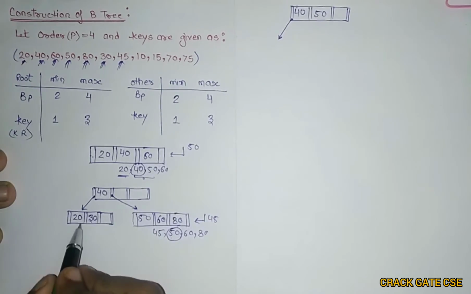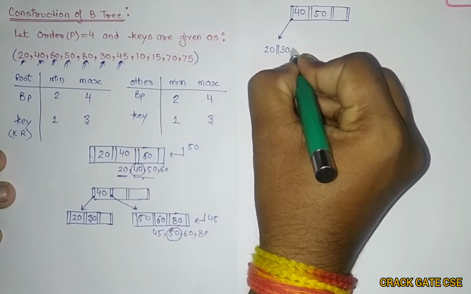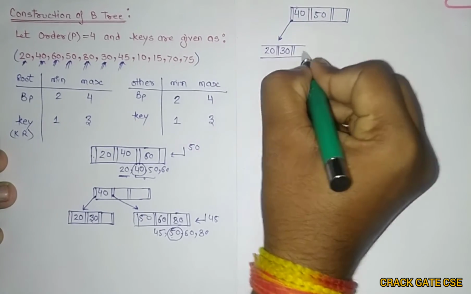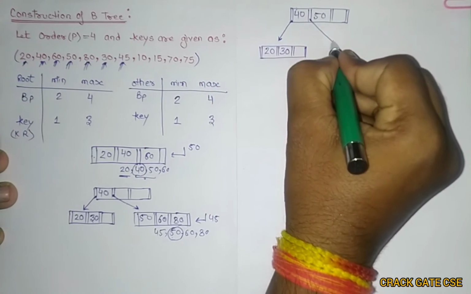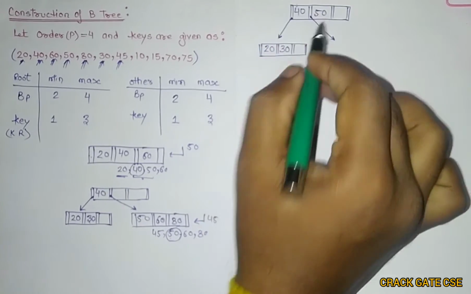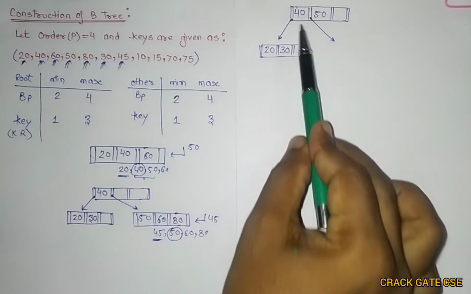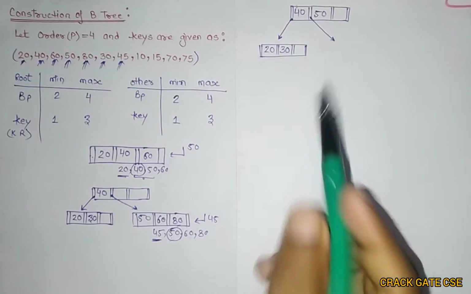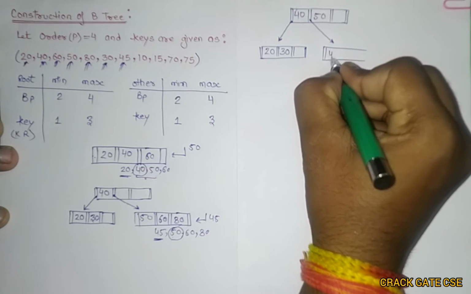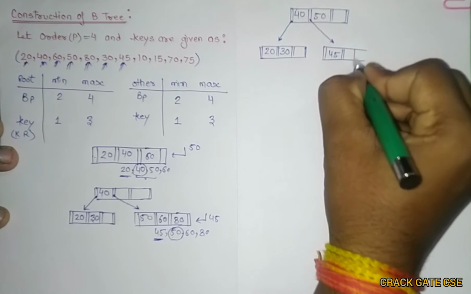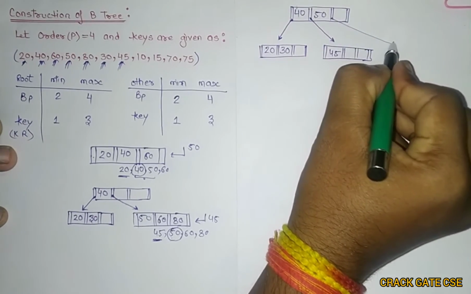On the left of the 40 we will be having 20 and 30. On the right of 40 we will be having only one value, 45, because 45 is the only value which lies between 40 and 50. So in this particular node for now we are having only 45 and two spaces are available for further use.